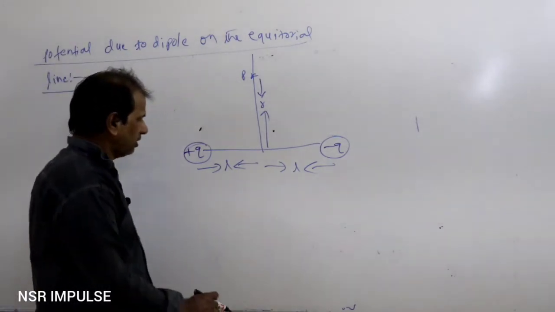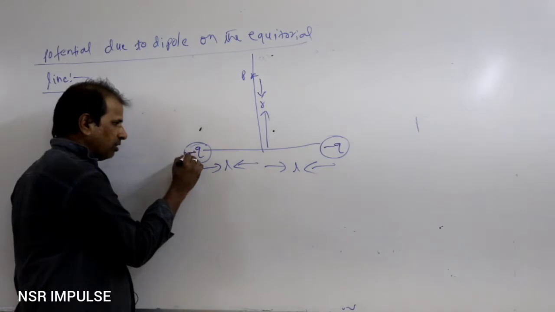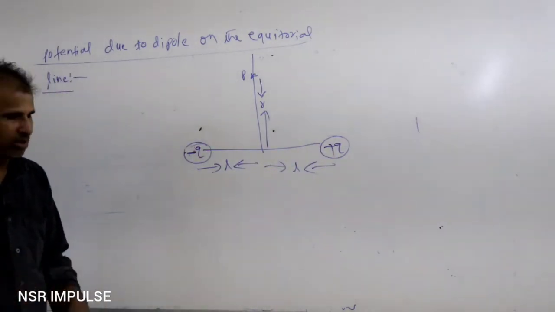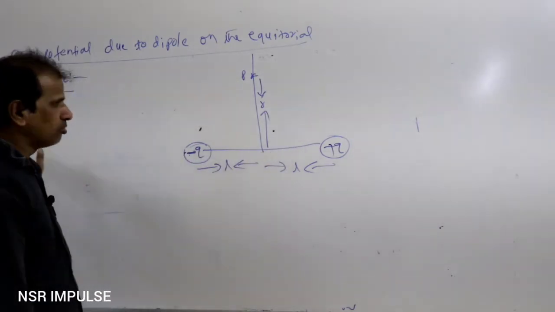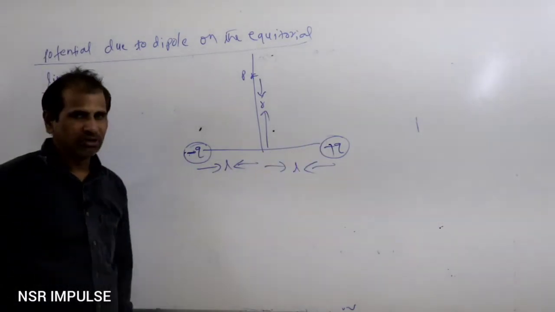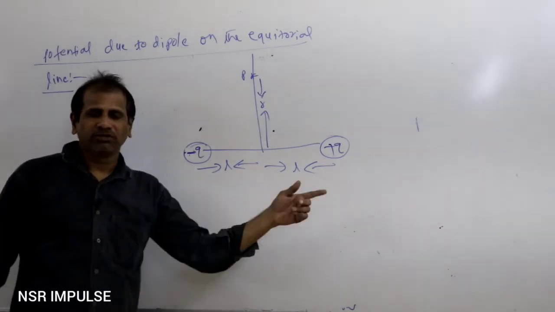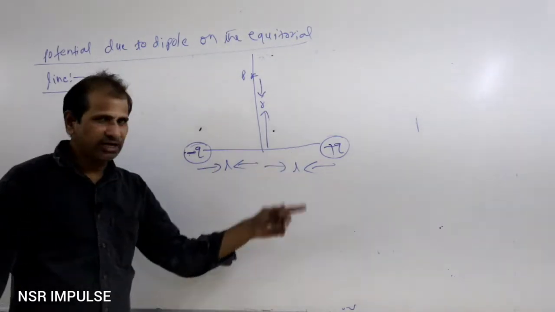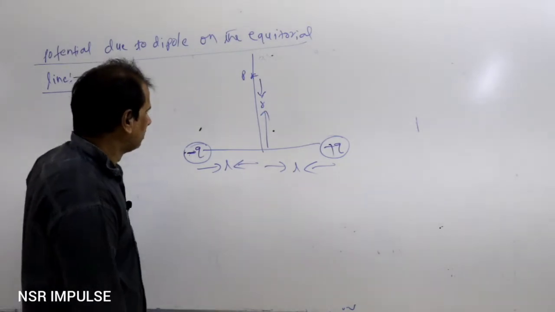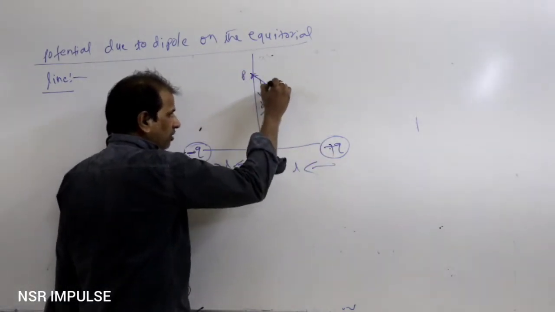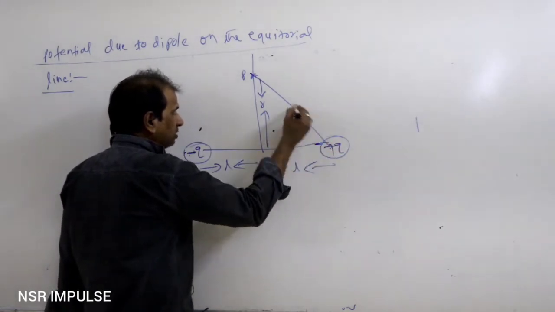So this is the dipole. You can take the negative charge here and positive there, in any manner, don't bother, but the direction of dipole moment will change if you take it the other way. Here we have taken the usual method. Dipole moment will be along this direction, P bar, positive x axis. So due to the positive charge at point P, we have to find the potential. What is this distance?